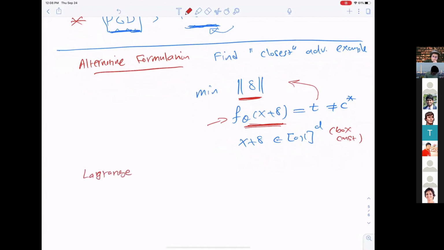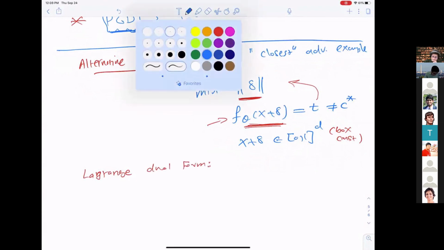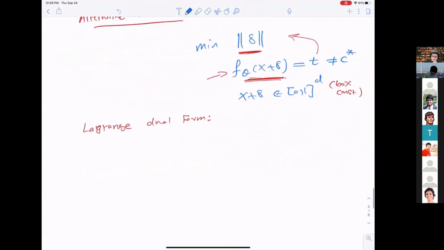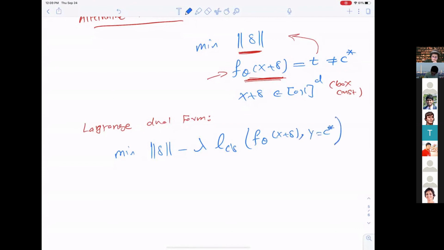Using Lagrange multipliers, or the Lagrange dual form, we get an optimization where we are minimizing the norm of delta minus lambda times a classification loss that I'm considering, f theta of x plus delta and the true label that I have.